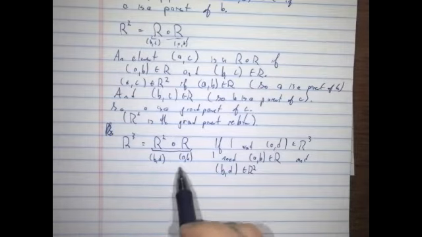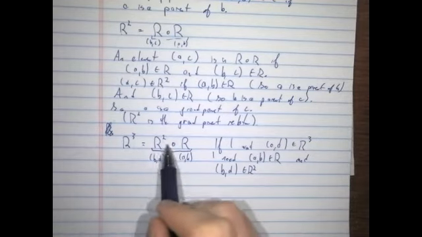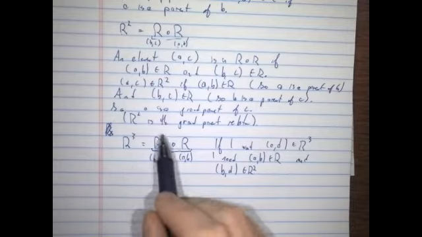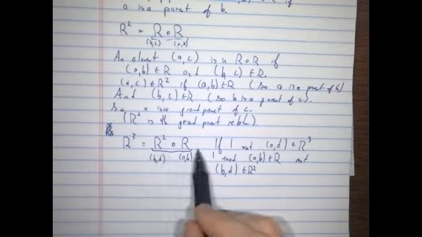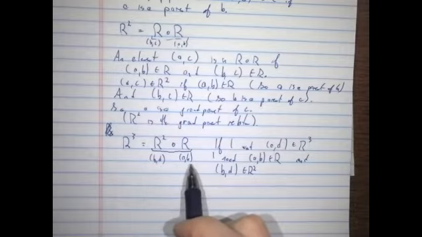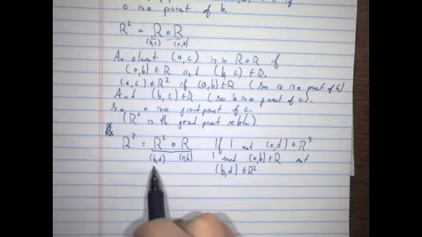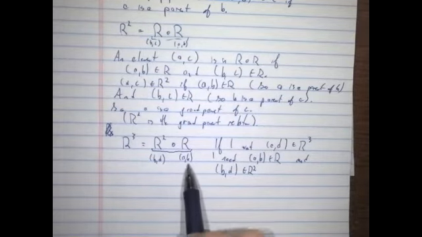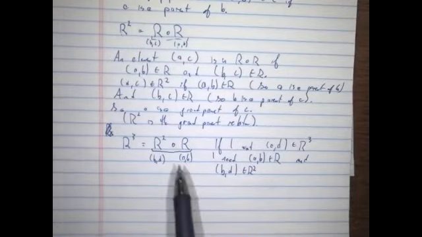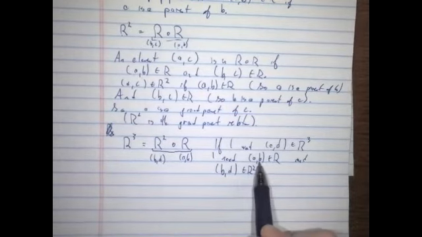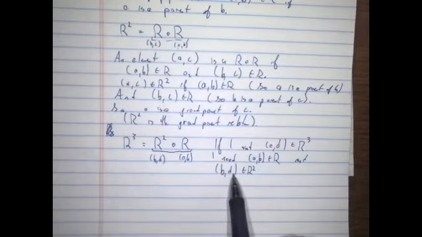This is telling me first I go from A to B, and then I go from B to D. So don't be thrown off by the order in which I write compositions. So I need A, B in R and then B, D in R squared. So this means A is a parent of B and B is a grandparent of D.